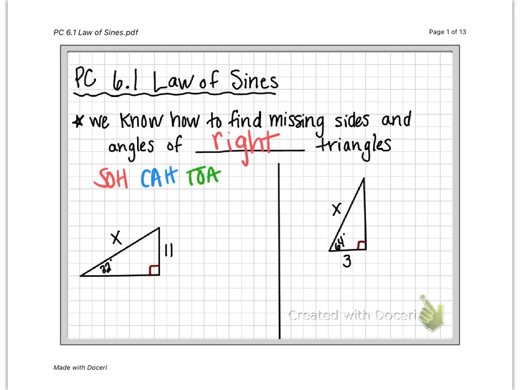So when we have a right triangle, we can use sine, cosine, and tangent in order to find missing sides and missing angles. For example, we have this triangle here. We have an angle of 32 degrees. We have a side opposite, and we also have a hypotenuse, meaning in order to solve for the hypotenuse, we can use sine of 32 degrees equals 11 over x.